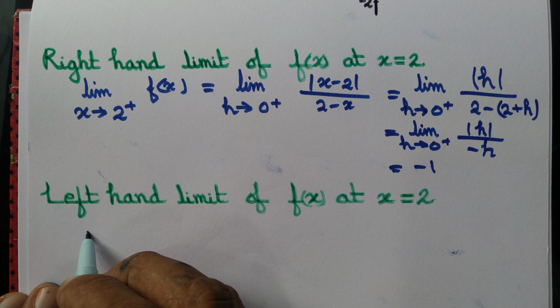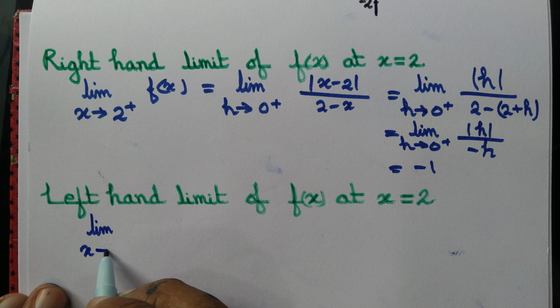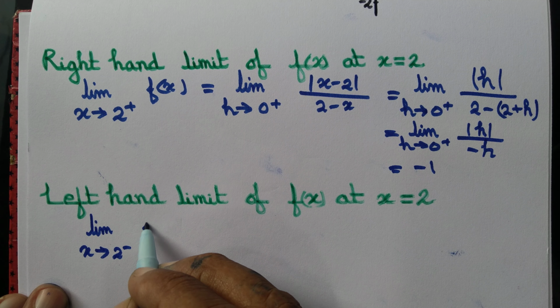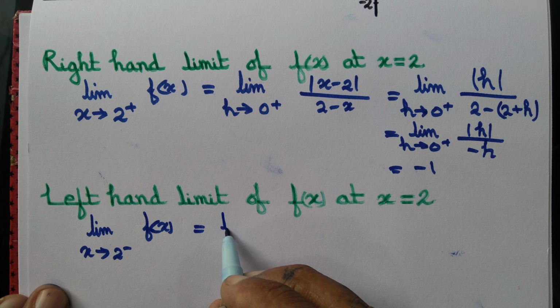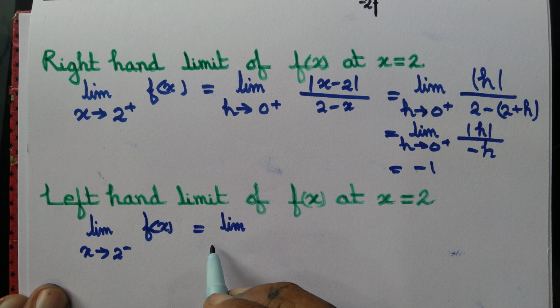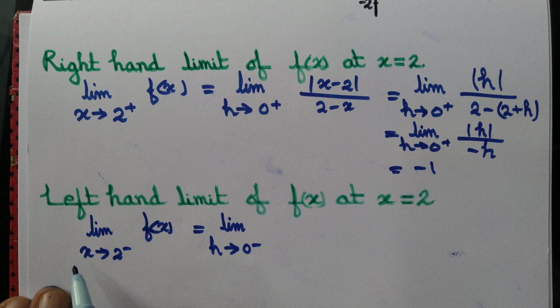Once again, we try to determine the limit x tends to, in this case, 2 minus of f(x). That's equal to limit h tends to 0 minus, we are simply writing 2 plus h equal to x. So if x tends to 2, h must tend to 0.